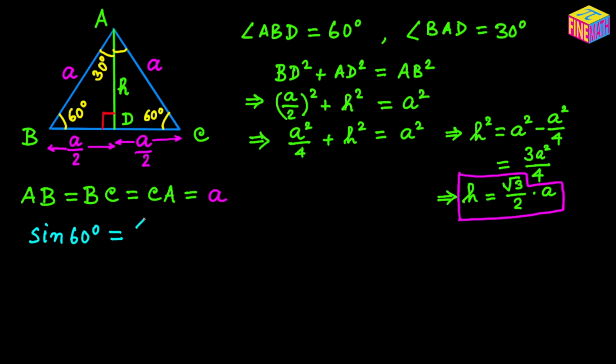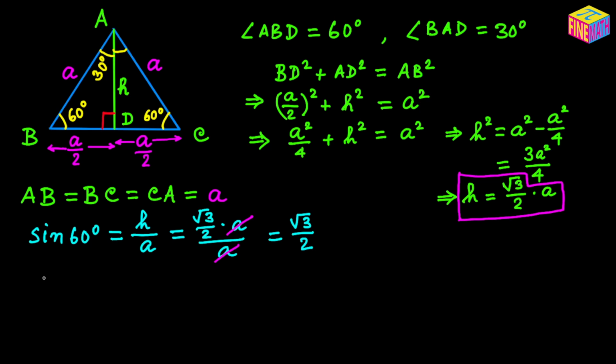So it would be h divided by the hypotenuse. The hypotenuse is the AB side, which is a. Let's put the value of h, which is square root of 3 by 2 times a, whole divided by a, right? So a will cancel out in the numerator and the denominator, and we are left with square root of 3 by 2.